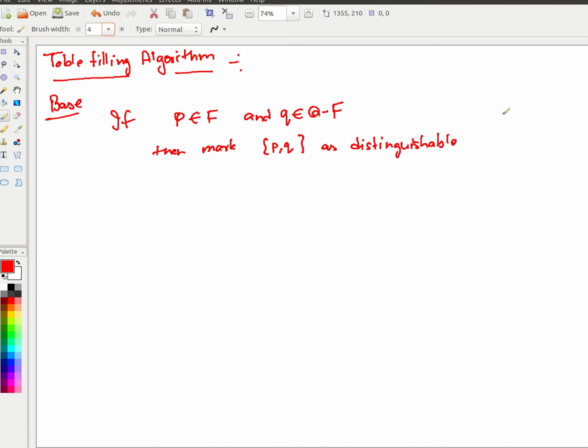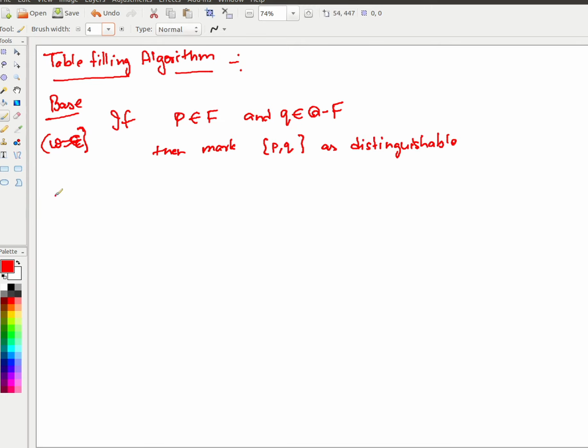Right, it's very trivial. What we are using at the base case is the string W equals epsilon, and we are trying to find all possible pairs such that P and Q are distinguishable.